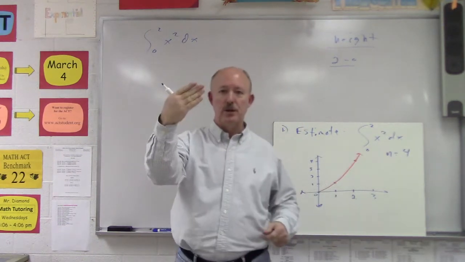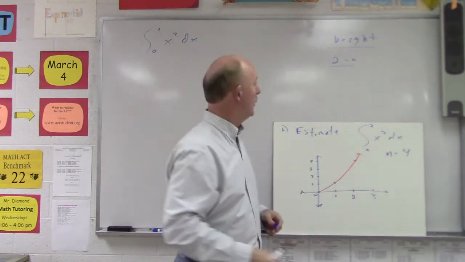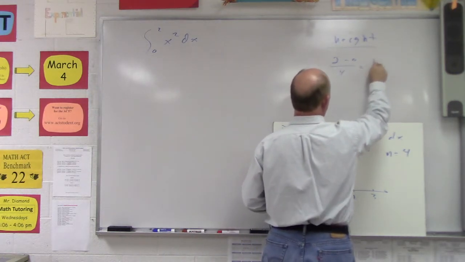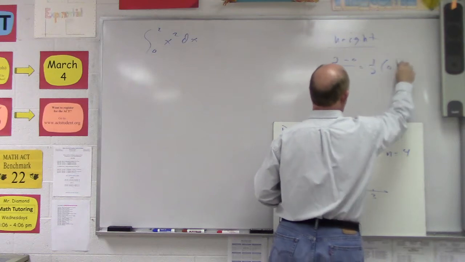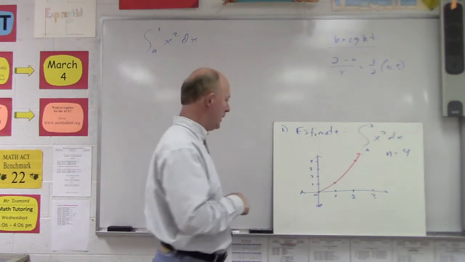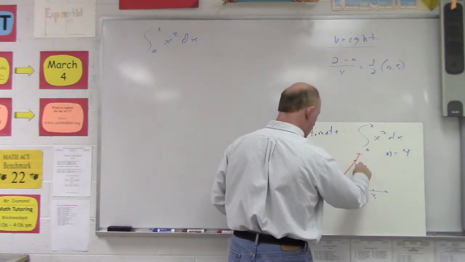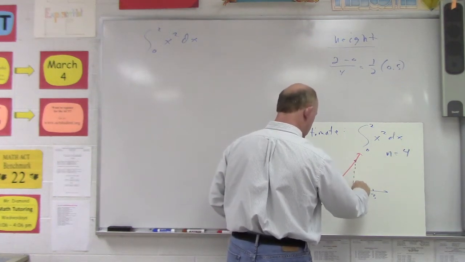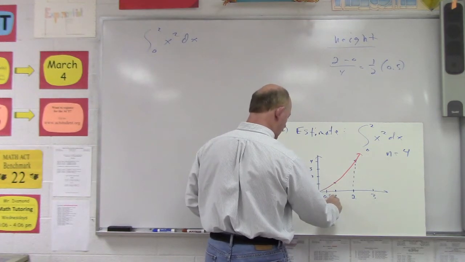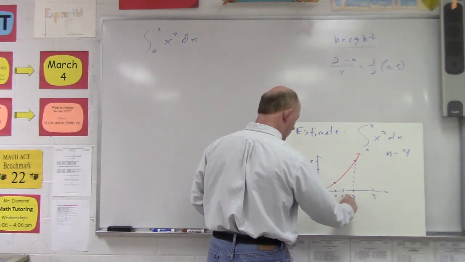Now n equals 4 is the number of trapezoids. So to get our height would be 2 minus 0 divided by 4, which gives us 1/2, or 0.5. So every 1/2, we're going to start a new trapezoid. From 0 to 2, we're talking about this region right here. We need a 0.5 in here, and a 1.5 here.